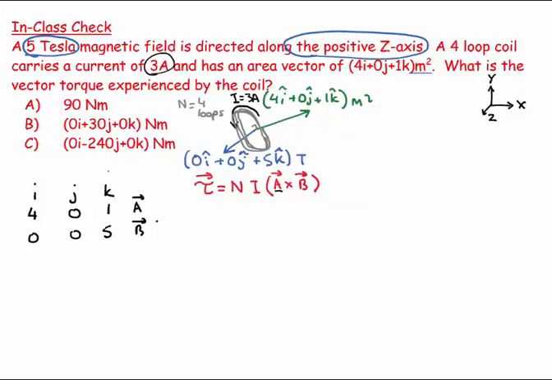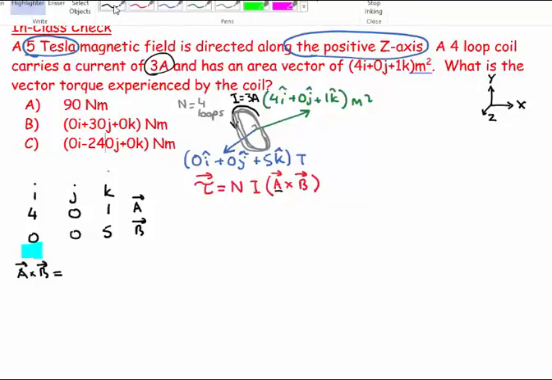And then I'm ready to do my cross product. So A cross B is equal to. And what I do, if I'm doing this on a piece of paper, is I will literally put my thumb over it, but for you guys I'm going to show you by simply marking the column. When I'm looking at that first column, I ignore it and I cross multiply the other two. So that's 0 times 5 is 0, minus 0 times 1 is 0.